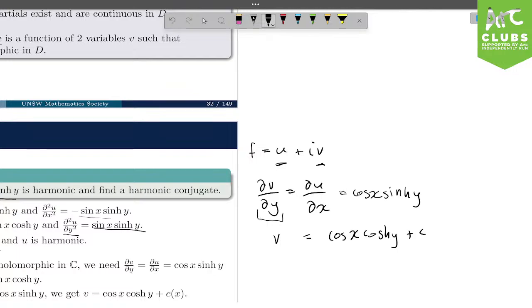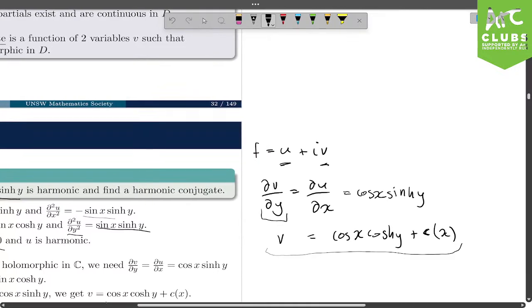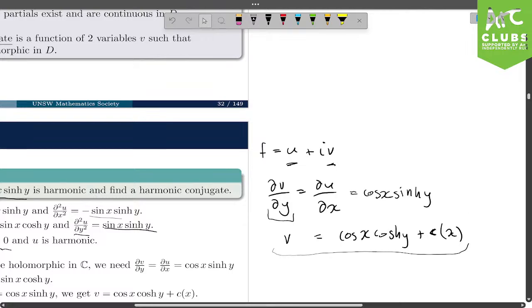But because we're integrating a partial derivative, this constant of integration actually has to be a function of x. If you imagine taking the derivative of this whole expression with respect to y, no matter what this function of x is, it's still going to become 0 after you differentiate it. So we have no idea what this could be. It doesn't have to be a constant, it could be a function of x. So we have to leave that there and then find out what it could be.